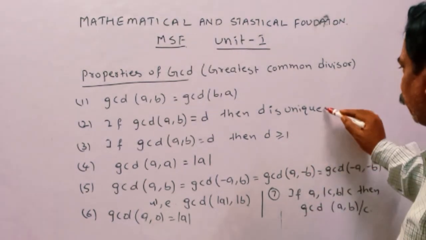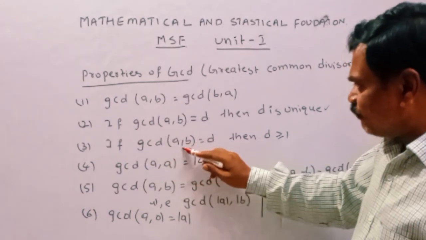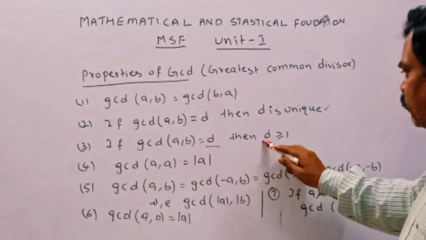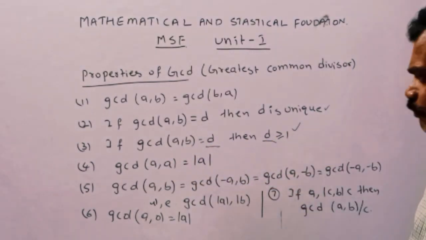If GCD of A comma B is equal to D, then D is greater than or equal to 1.